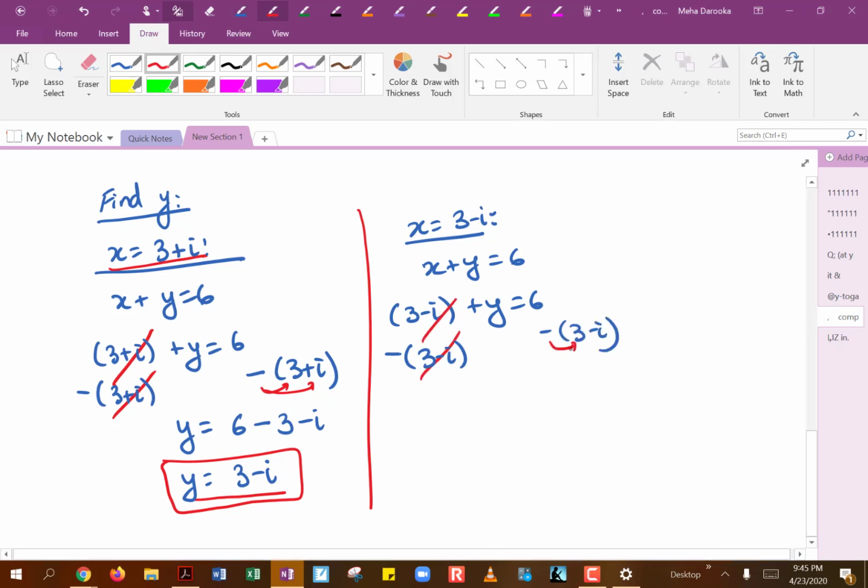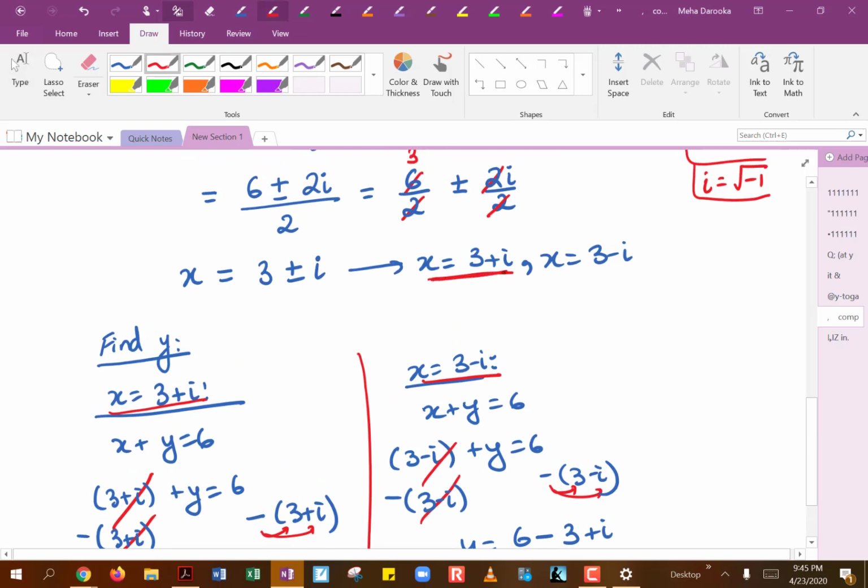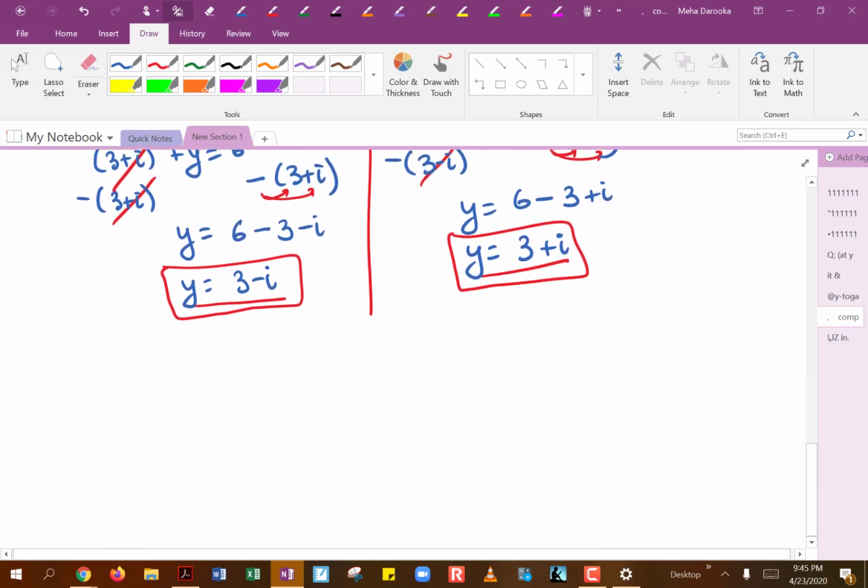Cancel from here. Remember to distribute that minus sign. You're left with y equals 6 minus 3 plus i. And of course 6 minus 3 is 3 plus i. So you will see, again, when x is 3 minus i, y will be 3 plus i. So they basically end up being the two complex numbers they were asking us to find.